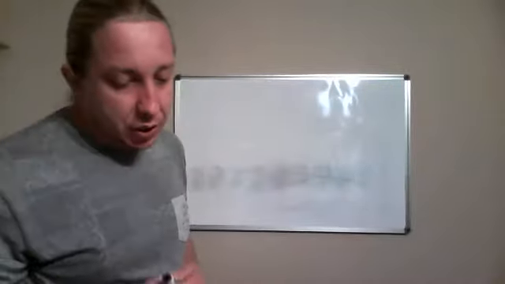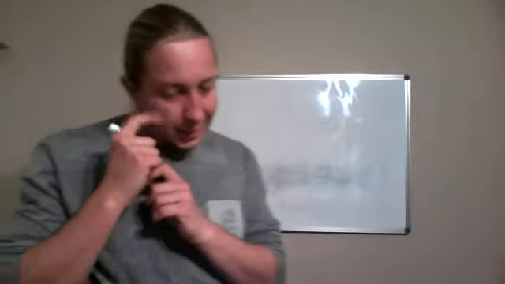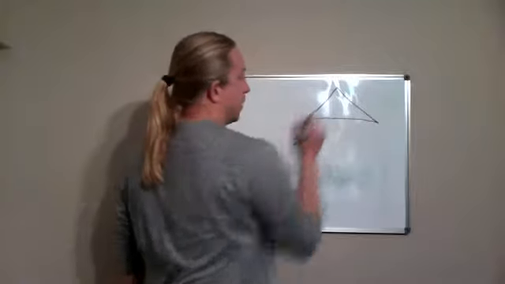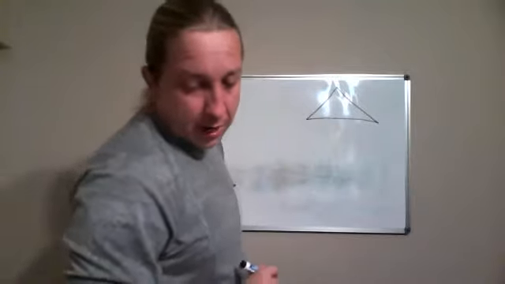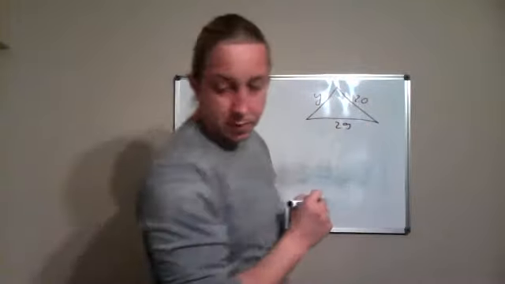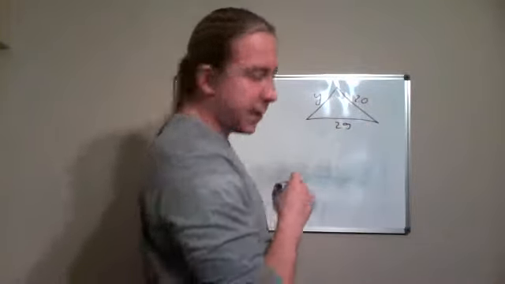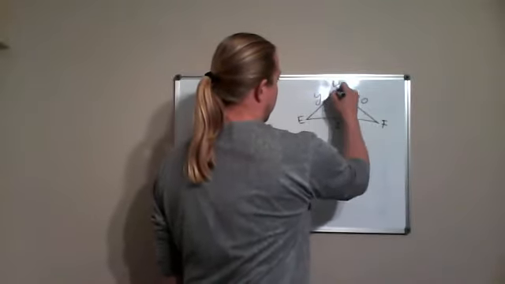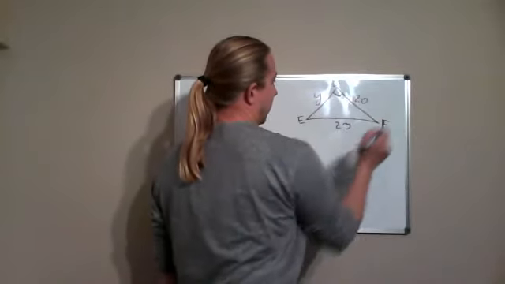Okay, cool. So let's go to the next triangle. So it gives us a right angle triangle that looks like that. And we have y, 20 and 29. Okay, it's a right angle, EDF. Okay.